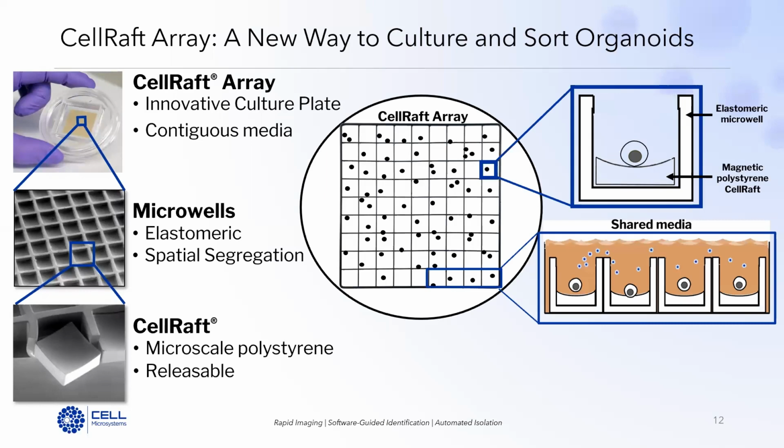At the bottom of the microwell sits that magnetic polystyrene CellRaft. And as I mentioned before, the really important feature of this consumable is that while those cells are spatially segregated, they're sharing that contiguous media volume, which allows them to exchange growth factors and have the crosstalk like they do in bulk culture.